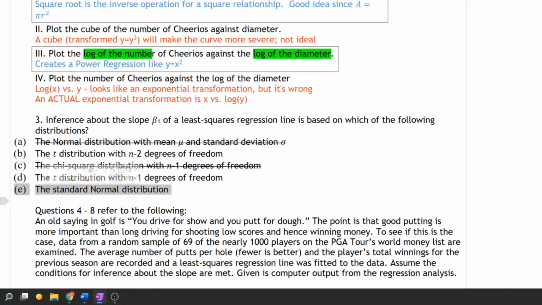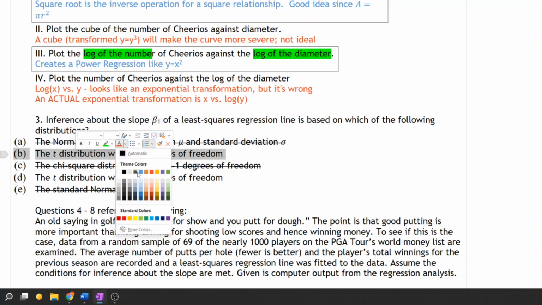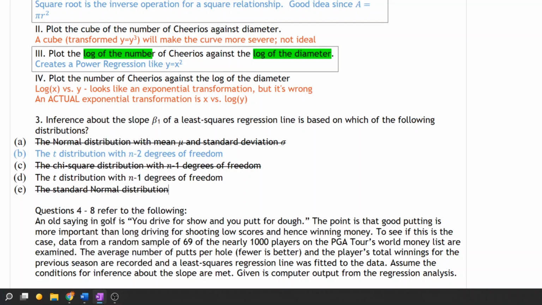Not a standard normal distribution either. These two are only different because one has n-2 degrees of freedom and one has n-1 degrees of freedom. So this one over here is our correct response: t-distribution with n-2 degrees of freedom.